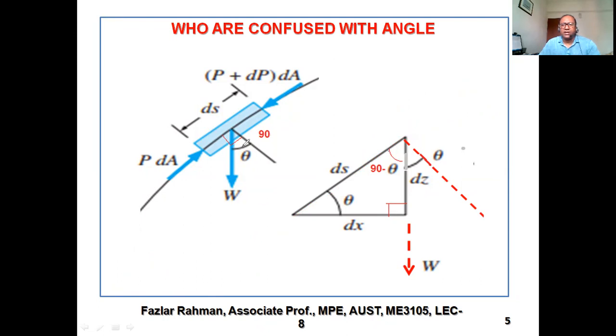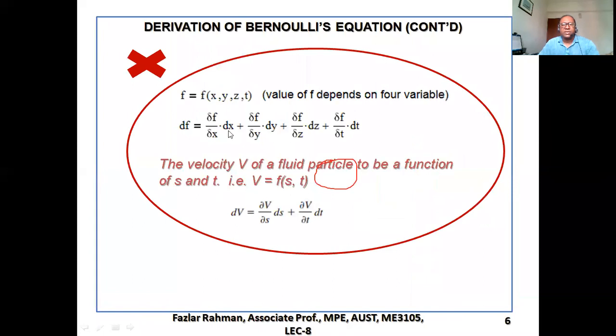Now we'll apply Newton's second law along this direction. And what is the purpose over here? This value of dx, dz, we can correlate with this value ds by applying sine theta, cos theta. Okay, that is the intention. And right over here, you can skip this one, but I just show you the formula. Say f is a function of x, y, z, and t.